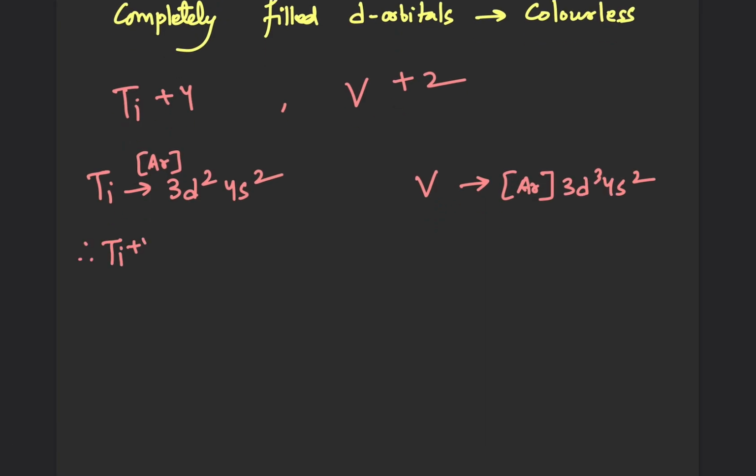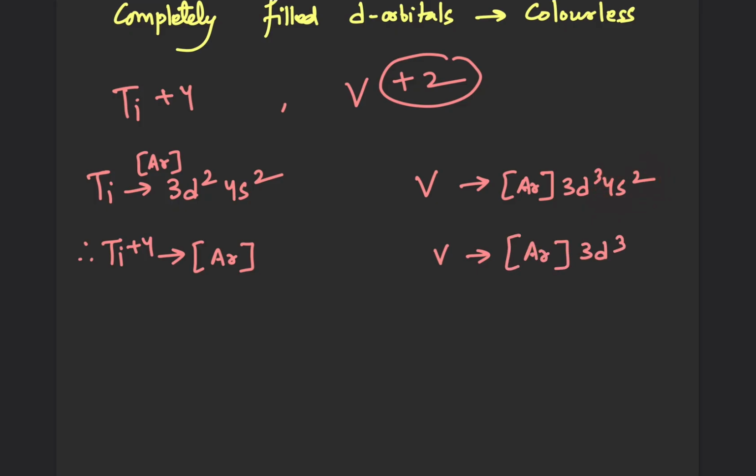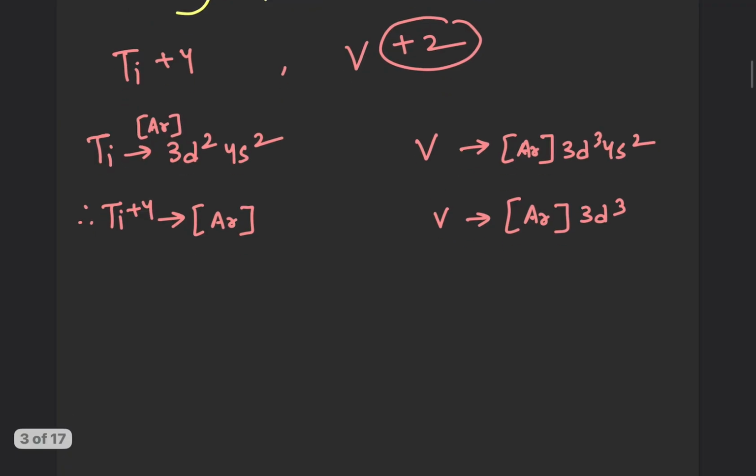So titanium+4's configuration will be just argon, removing 4 electrons. There are no d electrons at all. Therefore, titanium+4 is going to be colorless.